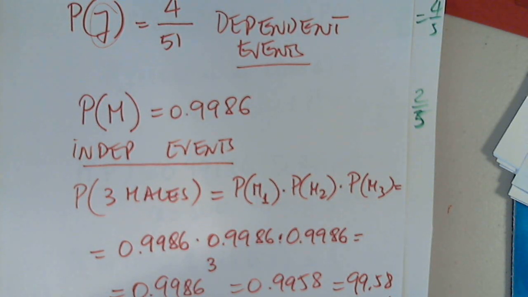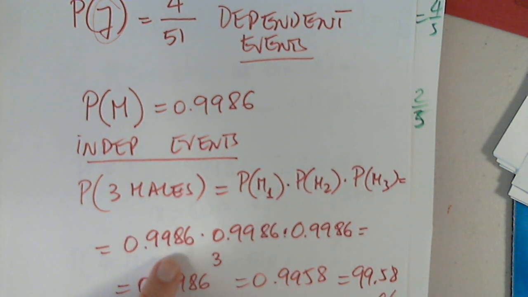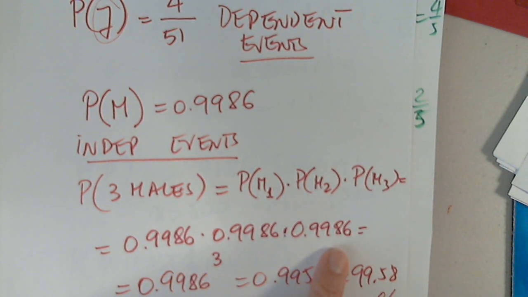Is that okay? Okay, so then the probability of 2 or 3 people to survive in this case is the product of those. So 0.9986 times 0.9986 times 0.9986, and we got 0.9986 to the third power.